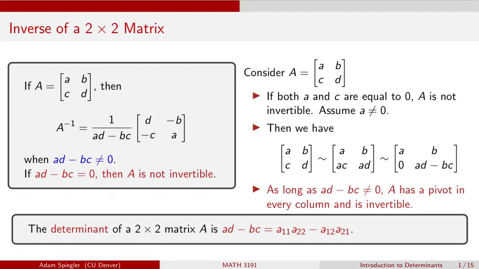In general, when we go up to higher dimensional matrices, it's going to be useful to write out these entries in terms of their column and row identifier. So here we could write A11 times A22 minus A12 times A21. Here's a more general way of expressing the determinant.